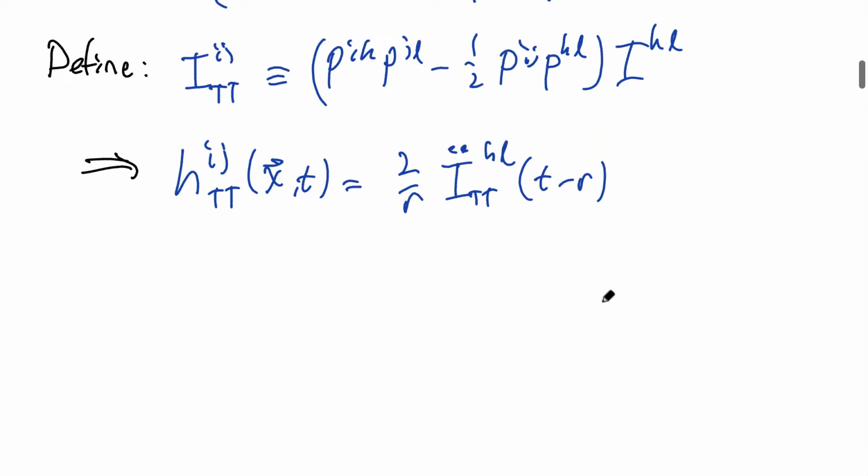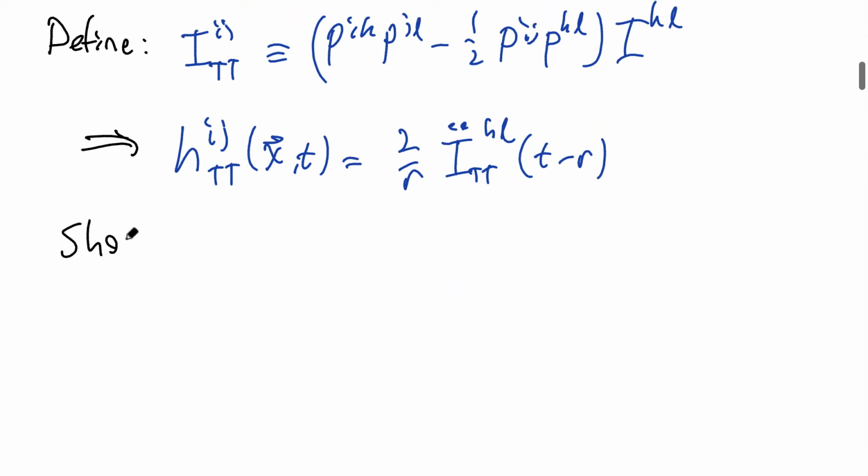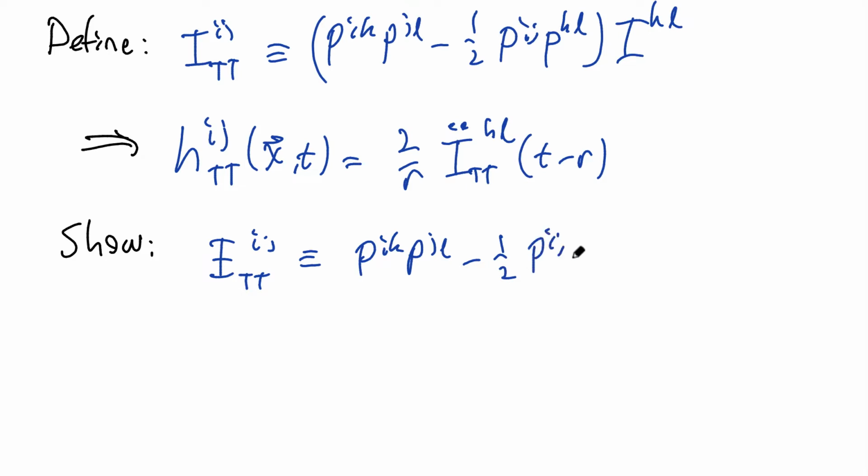Now it's a fairly simple exercise to show the following. The TT part of the reduced quadrupole moment, which is just P_ik P_jl minus 1/2 P_ij P_kl acting on the reduced quadrupole moment, is equal to the TT part of the second moment of the mass distribution. As a result, we can replace I with I bar in our expression for the transverse traceless metric perturbation.